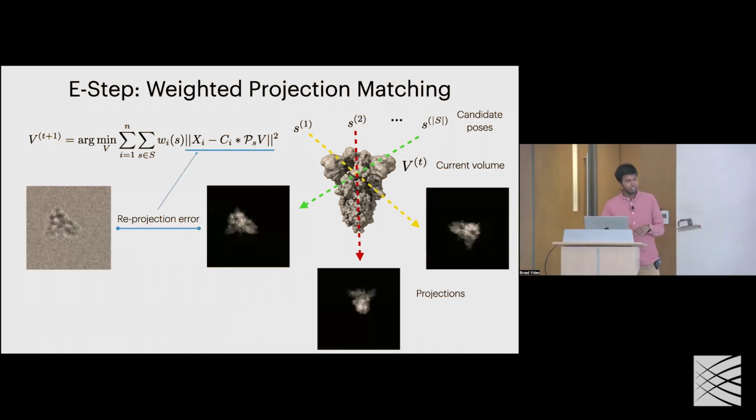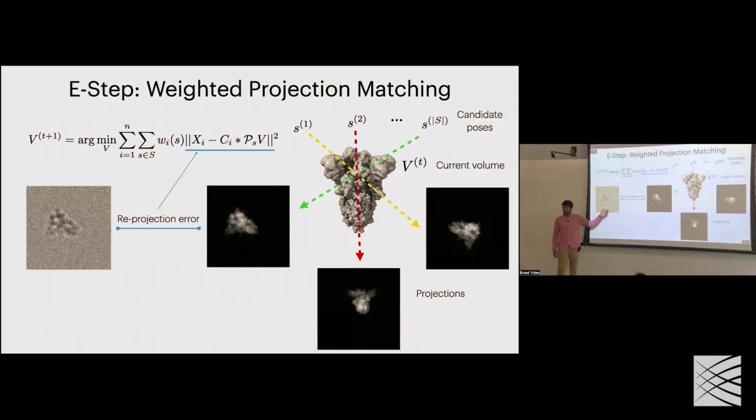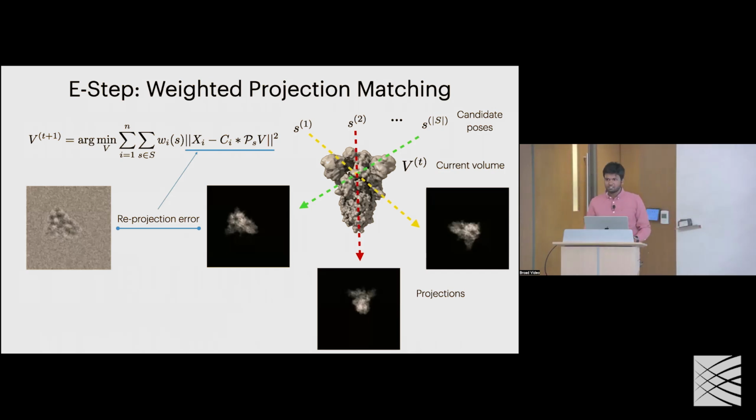And then we can compare each of those projection images against the true image and compute the error between them. This will give us a sense of which of those candidate poses were good poses, which were likely, and which are unlikely. That reprojection error gives us these weights of which poses are the most likely.